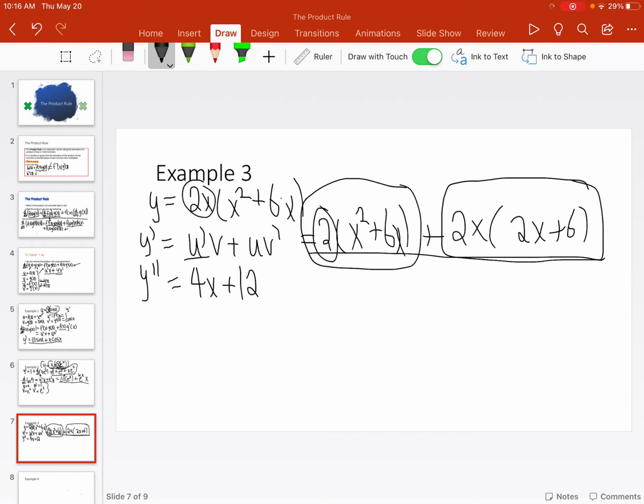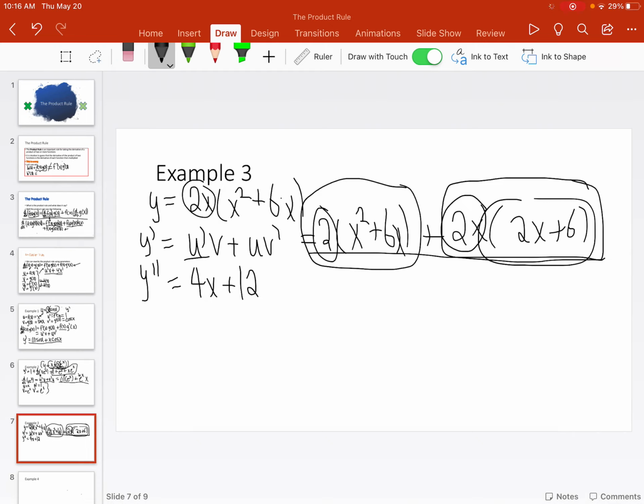Recognizing that this is the product of two functions, we're going to use the product rule. Sometimes you can use either rule. Sometimes one rule is overkill compared to the other. Maybe I am doing overkill right here, but I'm just demonstrating the product rule to you guys. So let's do that.